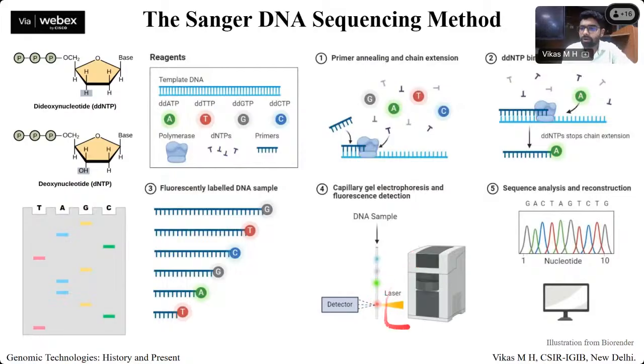Once this was automated, the sequencing technology had a leap, where one could process up to 1,000 base pairs of length of DNA in one go. So Sanger sequencing gave us the very basics of sequencing, where we learned that sequencing a particular genome is very much possible.